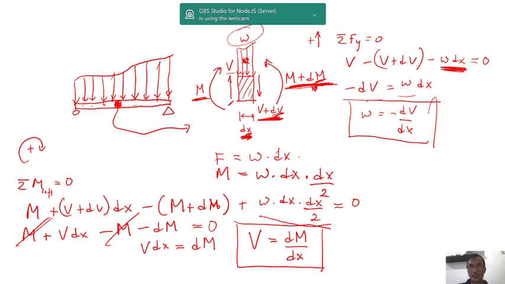Because the element is very small, the difference between the value of W here and the value of W here will be minimal. That's why we can assume that the value of W here and the value of W here is more or less the same. That's why we can assume that the centroid of the distributed force is exactly in the middle.